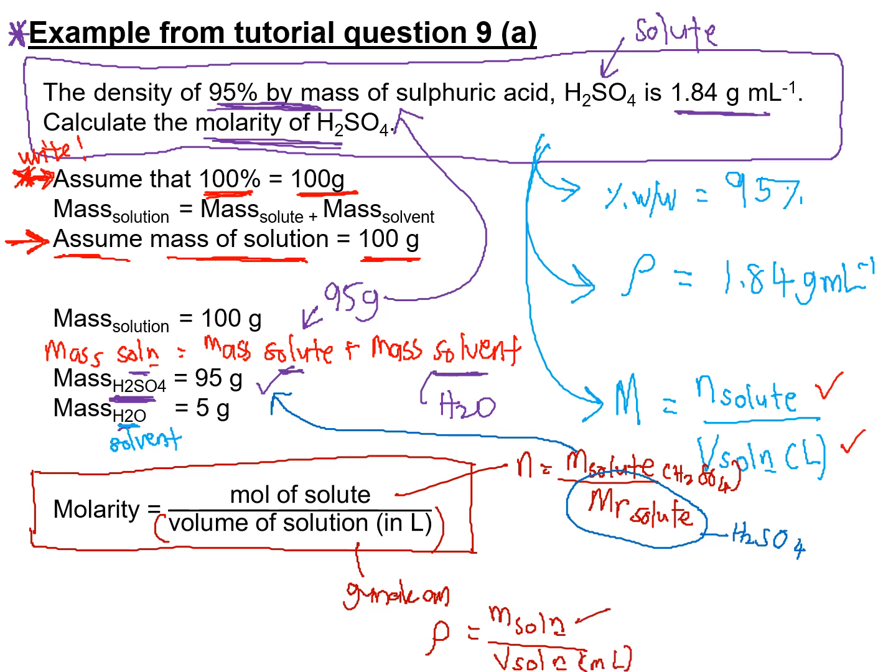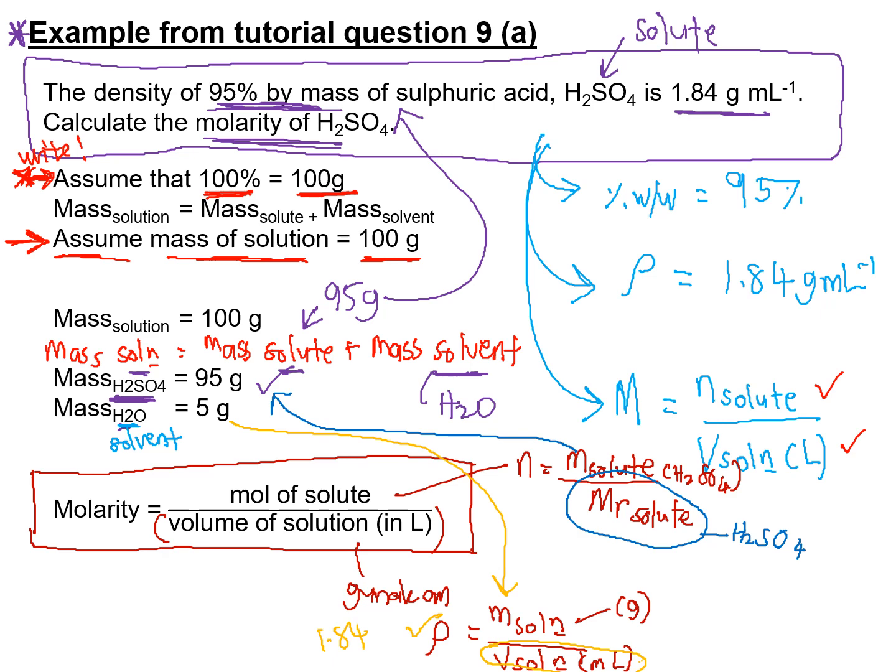Mass of solution ni pun in gram. Okay, sekarang ni kita dah tahu density belum? Dah tahu 1.84 kan? Mass of solution dah tahu belum? Dah, 100 gram. Yang tinggal hanyalah volume of solution. Tapi volume of solution yang kamu akan dapat ni adalah in milliliter. Dalam formula dia nak in liter. Nanti kamu kena tukar lah ya.